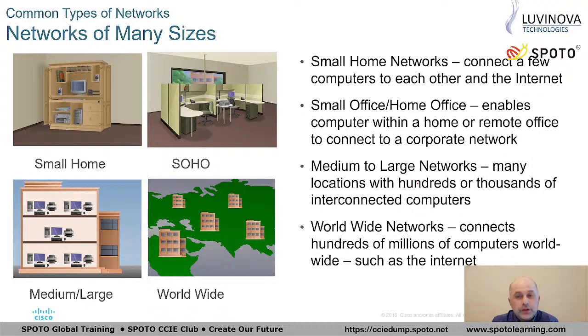The medium to large networks have many locations with hundreds or thousands of interconnected computers. So for example, we have a headquarters in Montreal, then another headquarters in Toronto, and another one in Vancouver. All these three buildings are communicating with each other over one big, large corporate network. And there are thousands of computers inside that building. So that's called medium and large network size.